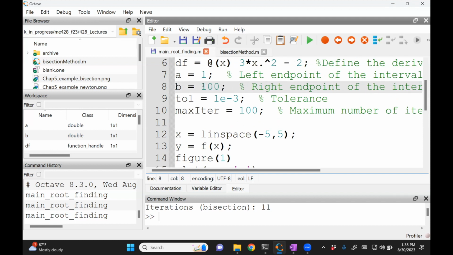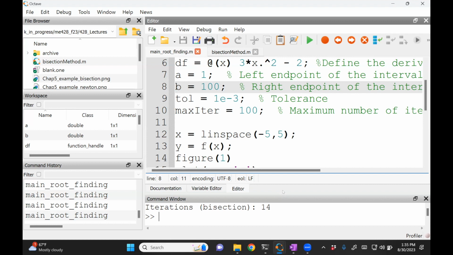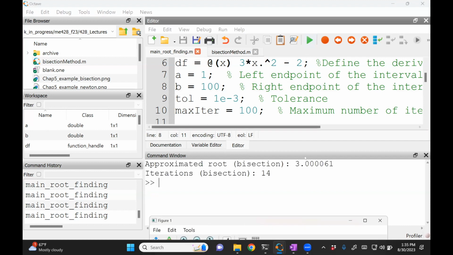Can you guess how many iterations it will take? It's actually pretty fast, I think. It will be close to 11, I think. It's 14, just 14 iterations. And print the root. Yeah, 3.00061, 14 iterations.